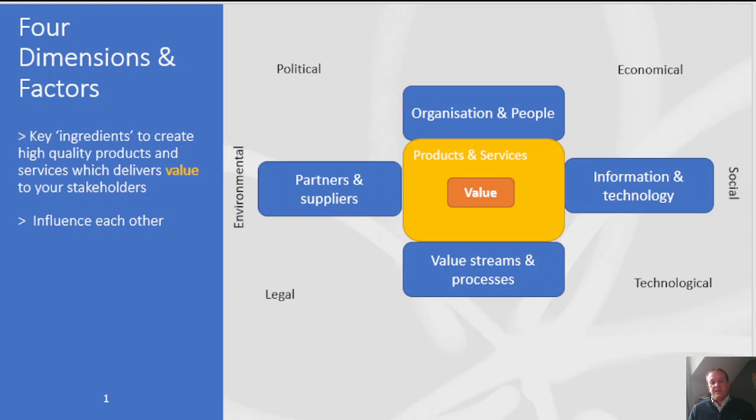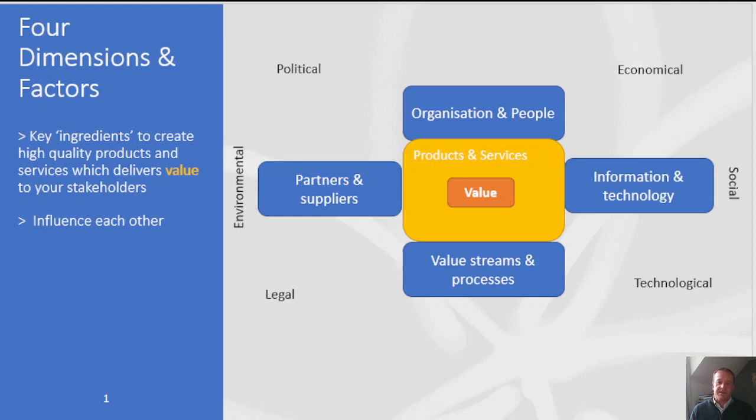But if we read it from the centre, so we have value right at the centre of it all, as it should be, then we're creating those products and those services, and then surrounding the products and services, we have the various 4 dimensions.